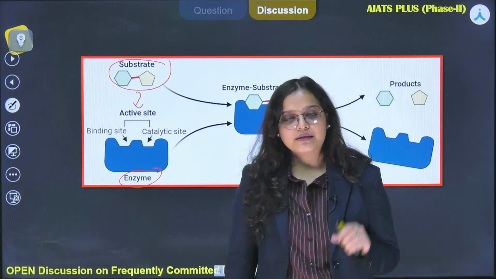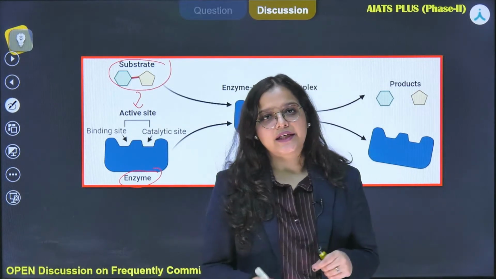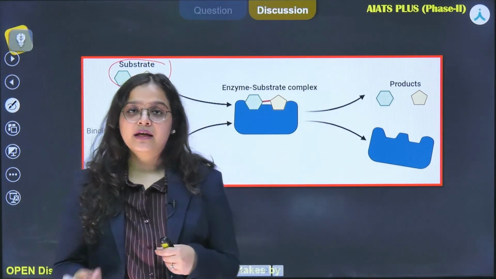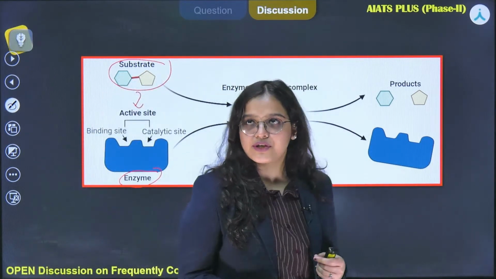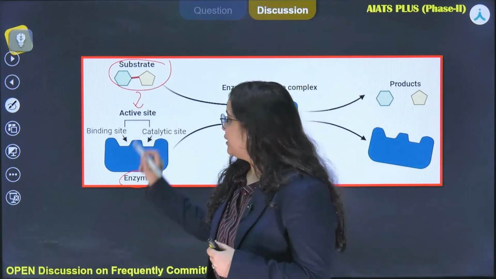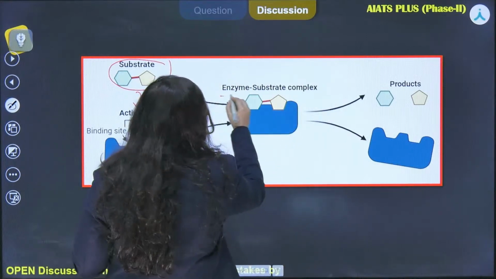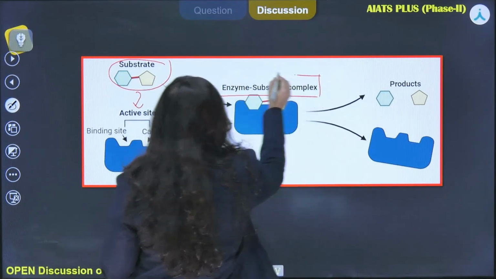When the substrate binds to the active site, there are conformational changes, rearrangement, and breaking and formation of new bonds. All this leads to the binding of the substrate to the active site, and there is a formation of the enzyme substrate complex.